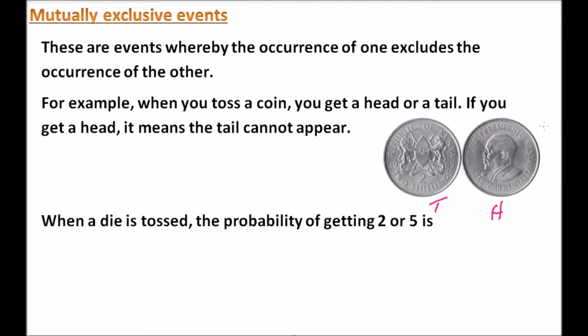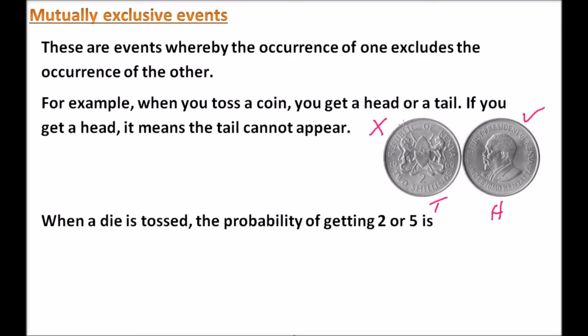If you toss a coin, that is, throw up the coin, and the top side is a head, then it means the tail will not appear. So that is what we mean by exclusive events. When one event happens, it means the other one will not happen.